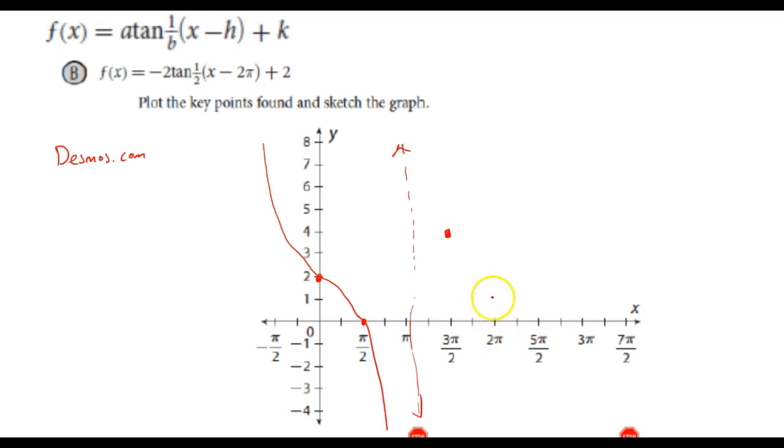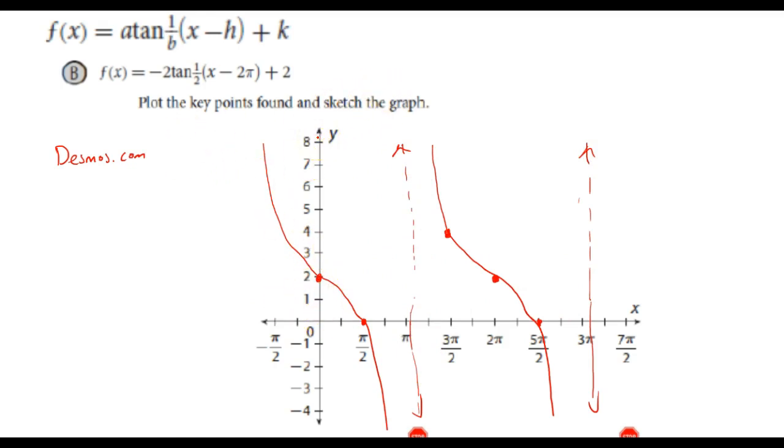And that'd be 2 pi, 2. 5 pi over 2, 0. So again, my graph kind of goes up and down. And our asymptote is right here at 3 pi. Now, I know it's not a perfect sketch, but at least I have a sketch of those points.